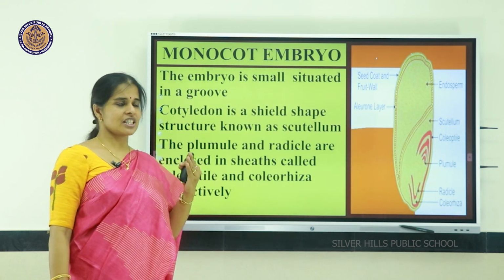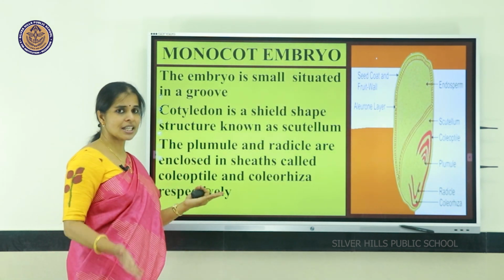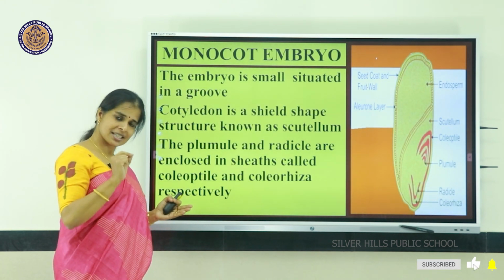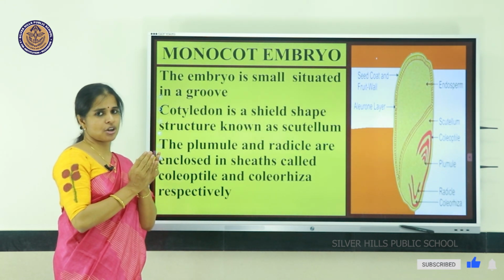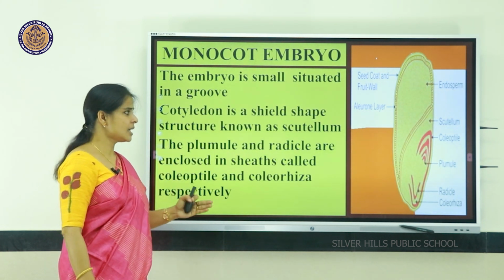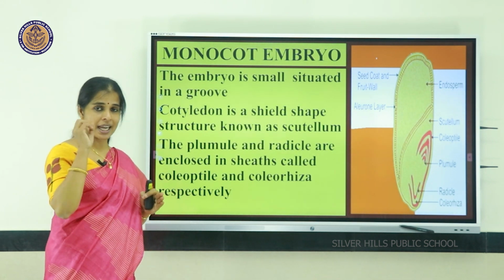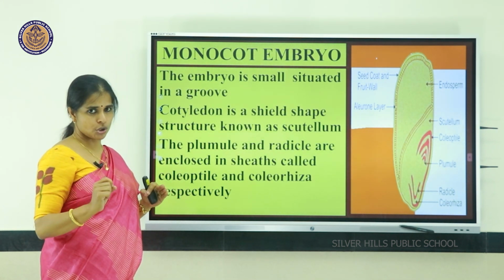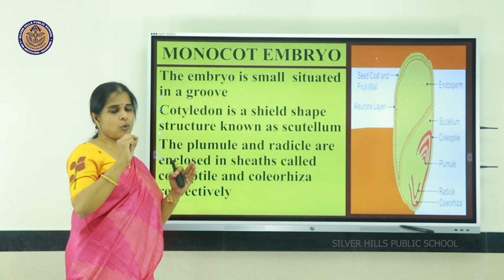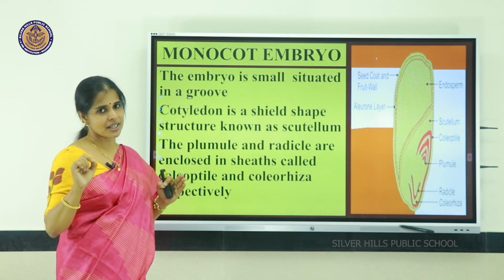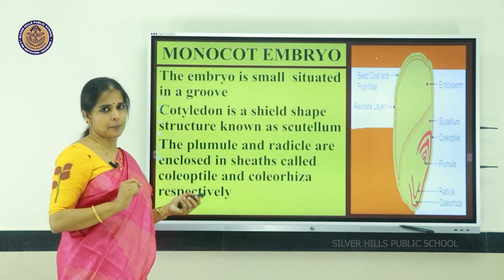So, the only difference between monocot seed and dicot seed: dicots have two cotyledons and the embryonal axis is present between these two cotyledons, developing into radicle and plumule. Whereas here they are enclosed in sheath-like structures known as coleoptile and coleorhiza. When the coleoptile opens, the plumule develops. When the coleorhiza opens, it develops into the radicle, that is the root system.